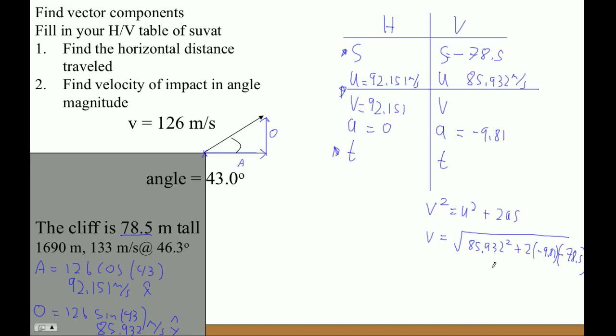And I'm going to use the exact value of this, so if you're using this rounded value, you might be slightly off of me, but who knows. I trust this calculator will get this right. 94.469.